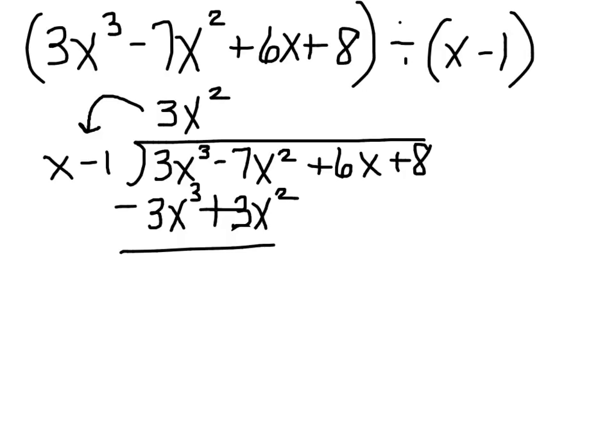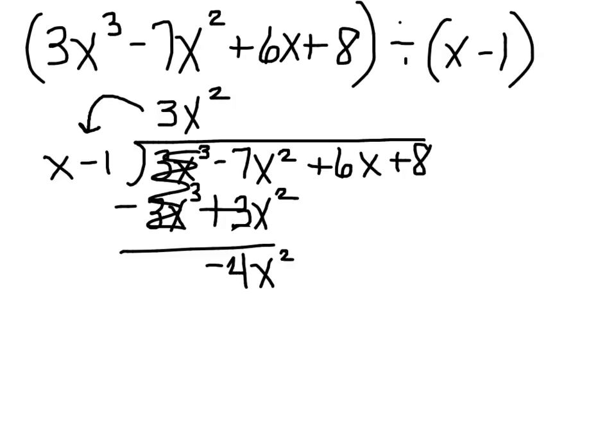So therefore, what is 3x cubed minus 3x cubed? 0. It's gone. What's negative 7x squared plus 3x squared? Negative 4x squared, which is what you guys got. I think, Sean, you said it. And then what do I do for long division? After I got that part, I drop down the next piece and start over.